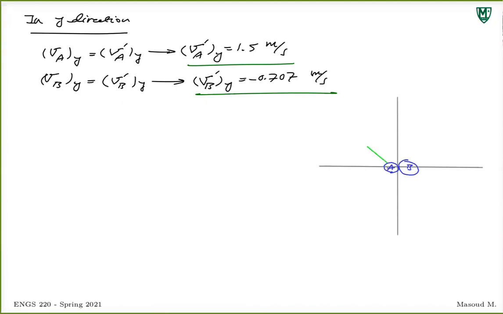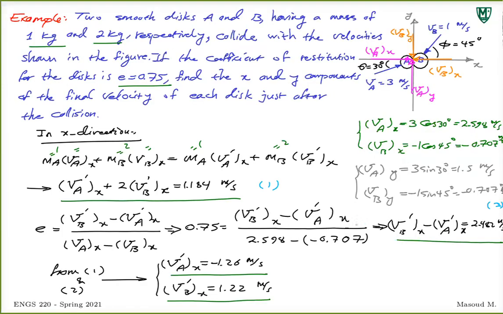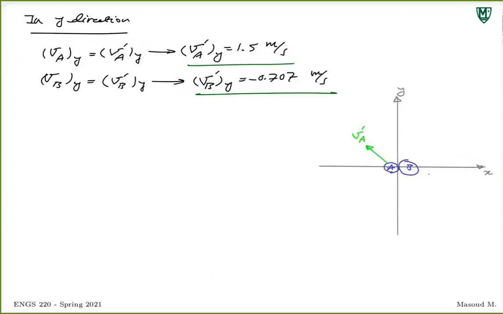We can actually find the angle. This is your VA prime. And the other one, B, is X positive, Y negative. That'll be in this direction, whatever direction that'll be.